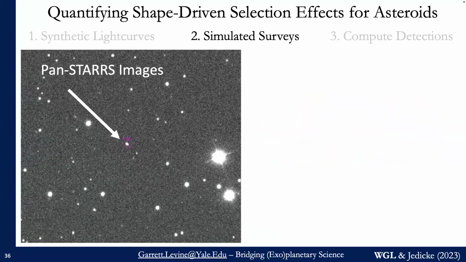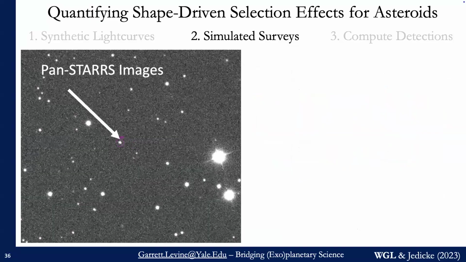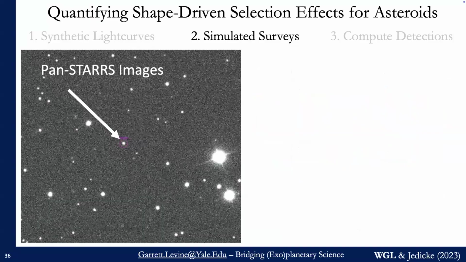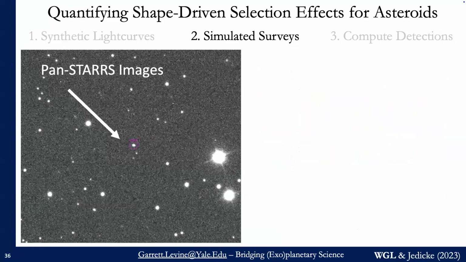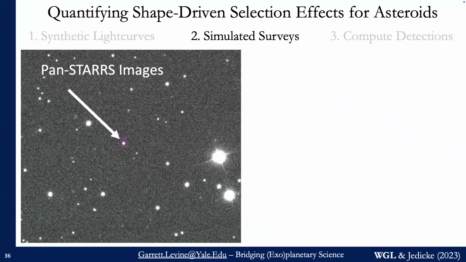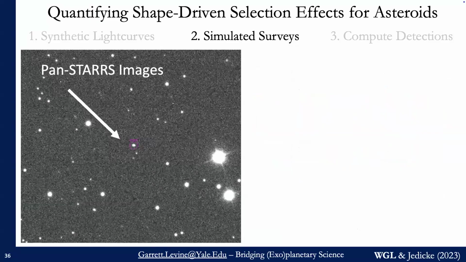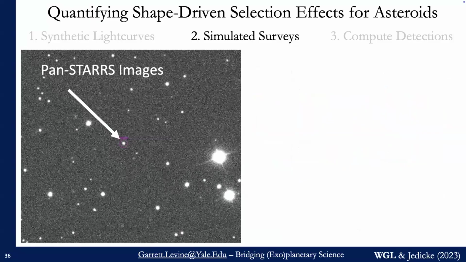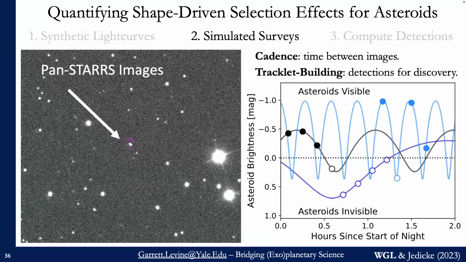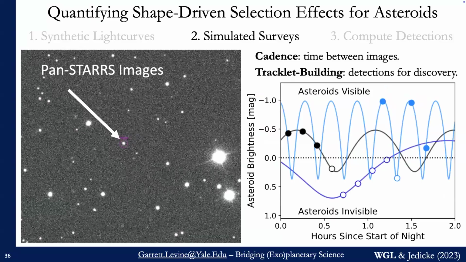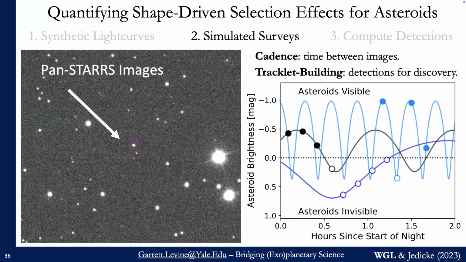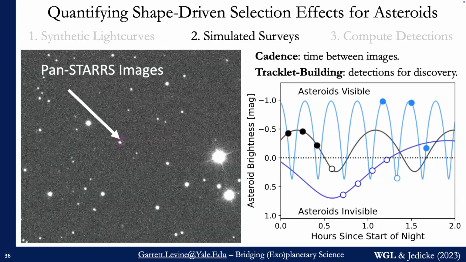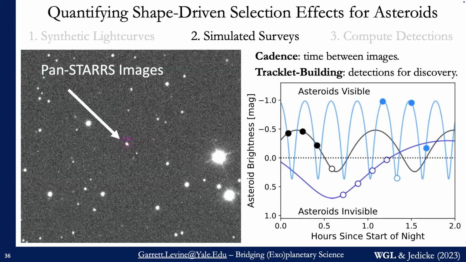Now, I've mentioned how these simulated surveys work, but to give you a little bit more detail, what's really happening is we're imaging a part of the sky at a sparse cadence, maybe every 15 minutes or so. We're observing the background stars staying in place, and we're looking for the moving objects. And those moving objects are the small bodies. All these sparse surveys like Catalina Sky Survey, Pan-STARRS, ATLAS, and the future LSST, they all have a characteristic cadence and a tracklet building criteria.